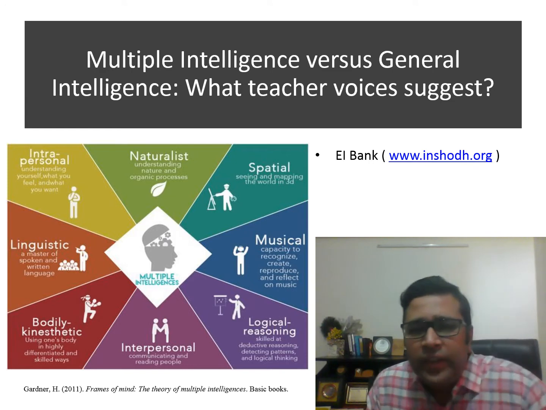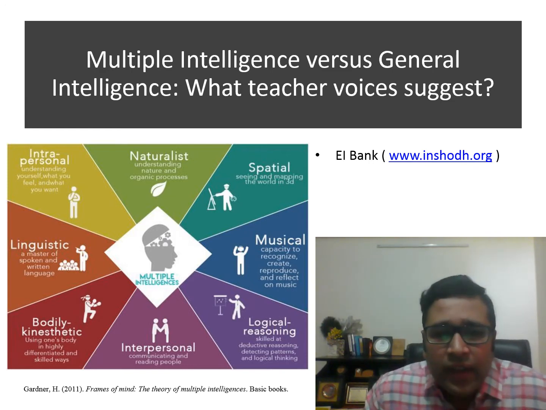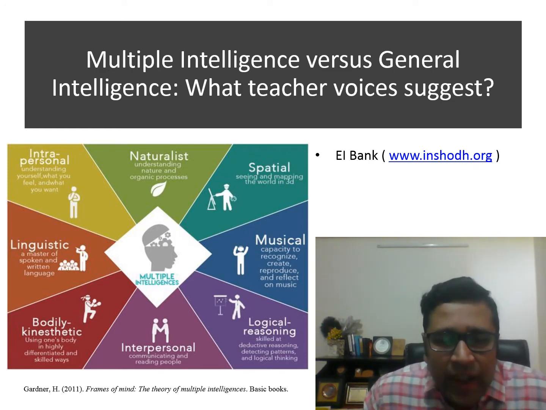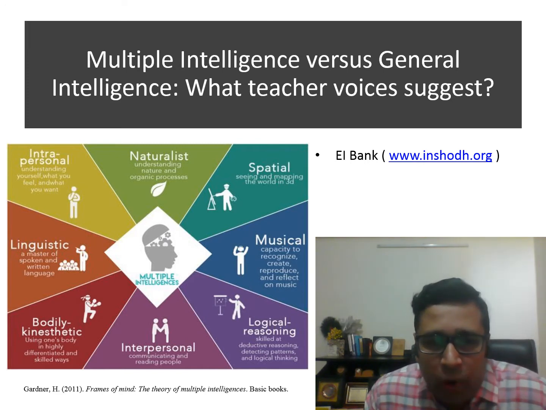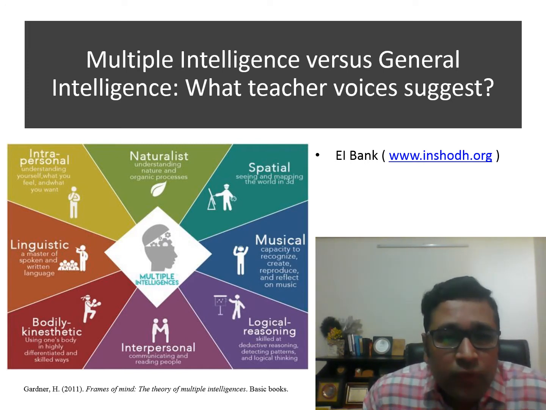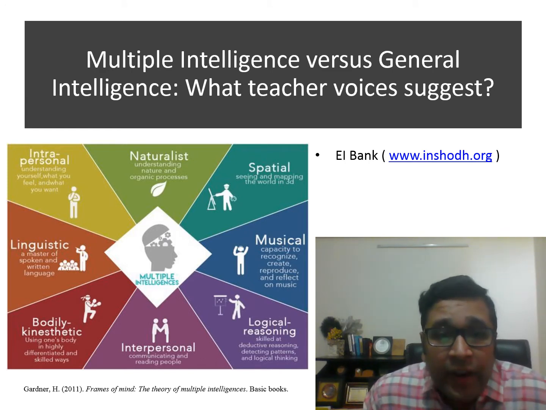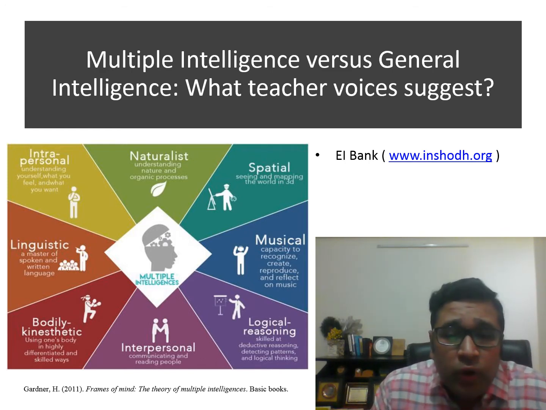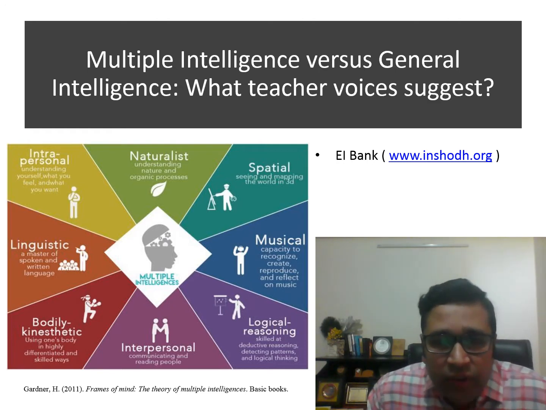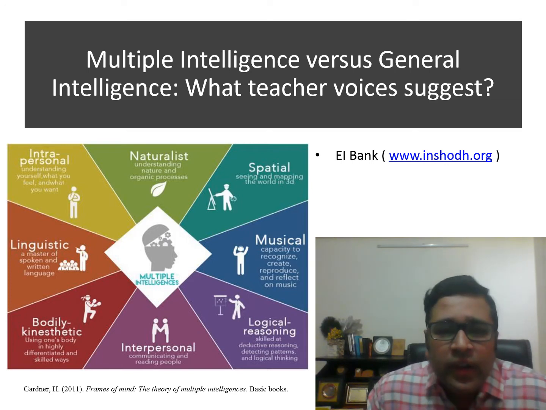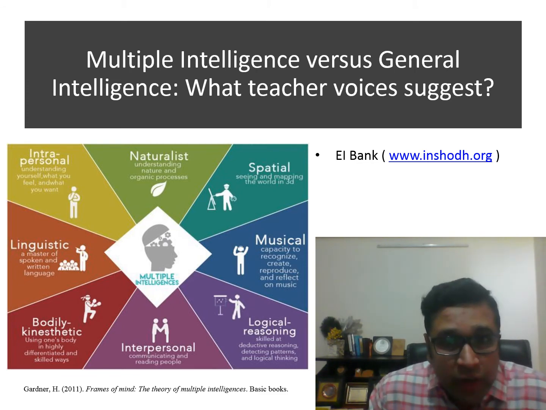Now, if you look at multiple intelligences, these are the eight kinds of intelligences we are talking about. The first one is naturalistic, that is understanding nature and organic processes. Someone who is good at this can be very good, maybe a physical scientist who can decipher a lot of new physical laws.